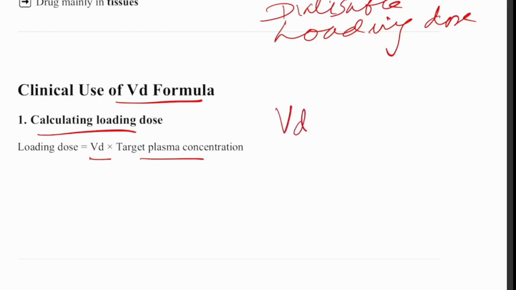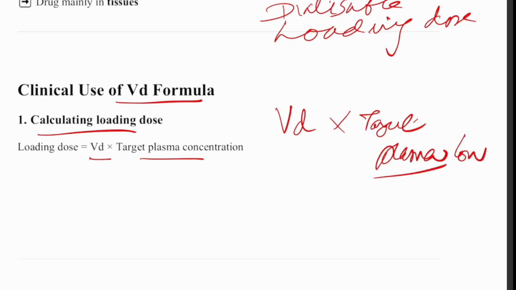So volume of distribution into expected or the target plasma concentration is the loading dose. As mentioned, a drug with large volume of distribution requires a loading dose. Classical examples are digoxin, phenytoin. So all of us know that phenytoin should be given as a loading dose to be effective.